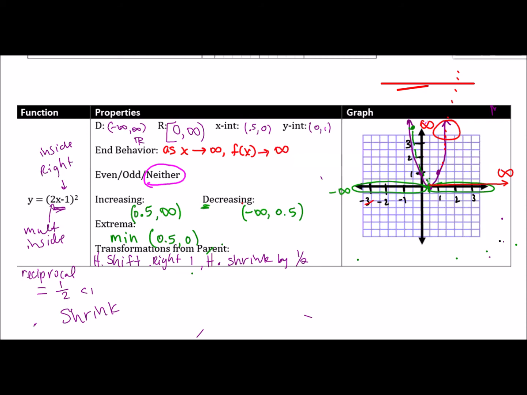Okay, the other half is when x is going out here to negative infinity land. So you would say as x goes to negative infinity, comma, then you look at what the graph is doing. Looks like the graph is going up here forever and ever. So f of x is going to positive infinity as well.